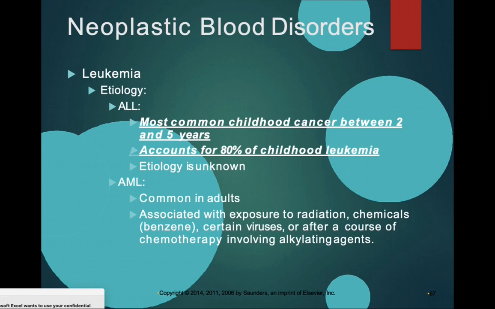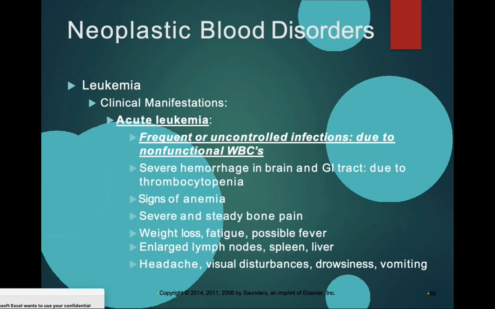ALL is the most common childhood cancer between the ages of 2 and 5, and it accounts for 80% of childhood leukemia. The AML is more common in adults. It's associated with exposure to radiation, certain chemicals like benzene, viruses, or after a course of chemotherapy involving the alkylating agents.